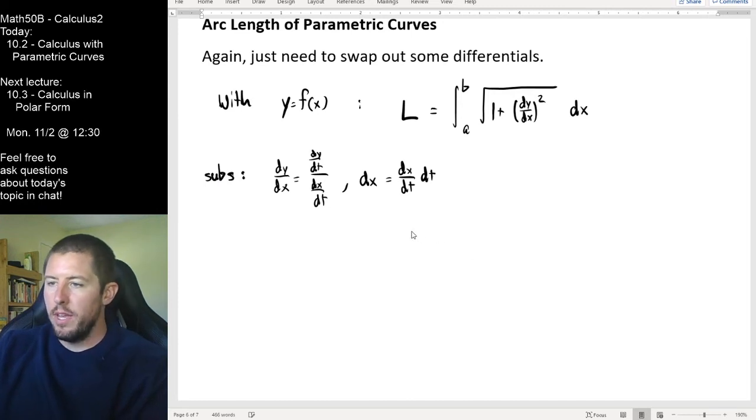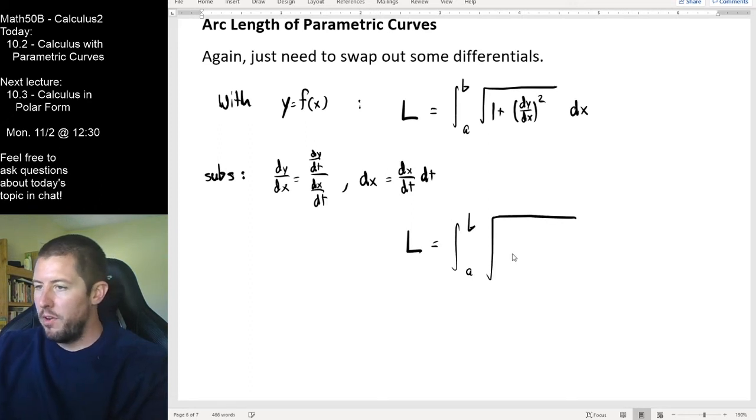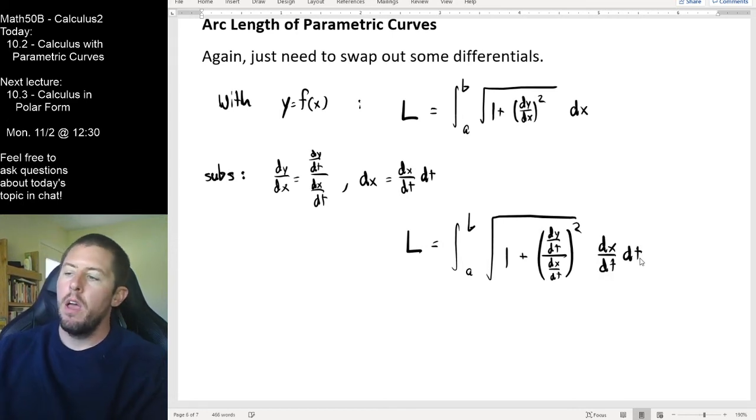So let's go ahead and do this then. We need to make a big square root here because I've got now a gigantic term underneath here. And dx I am going to write as (dx/dt) dt, right?